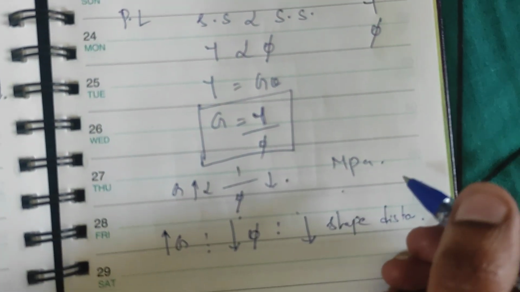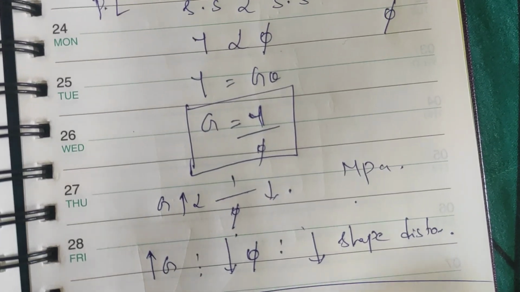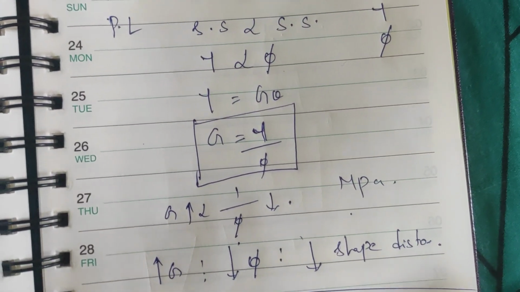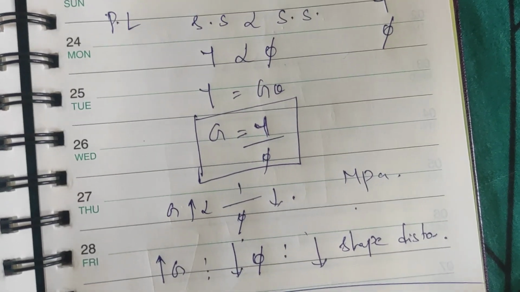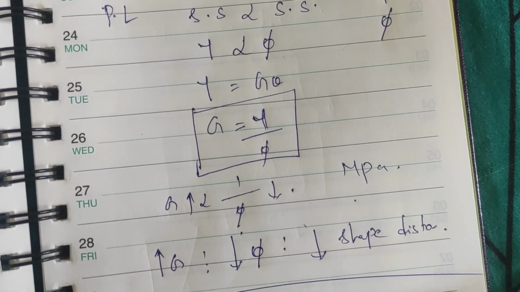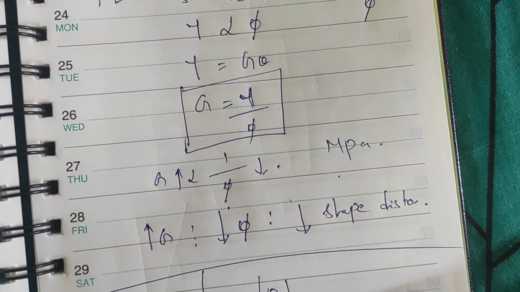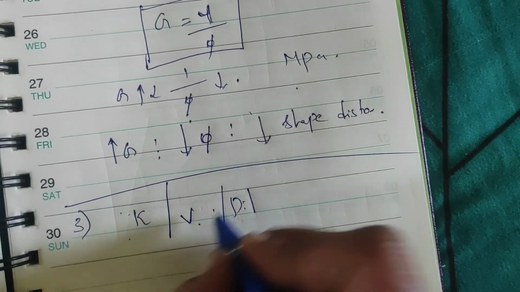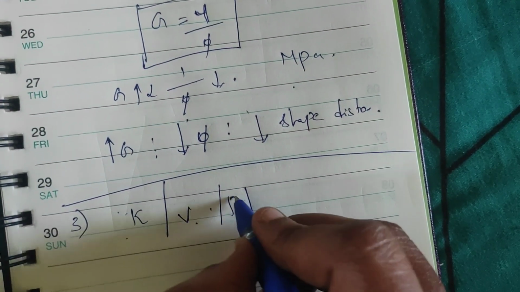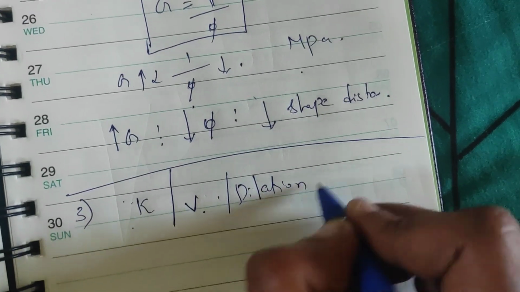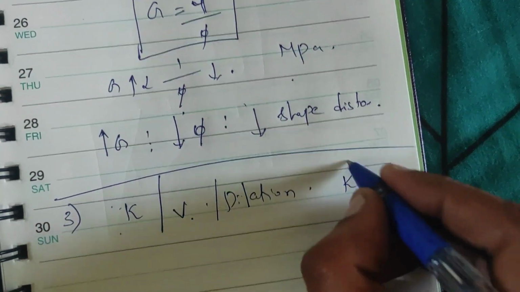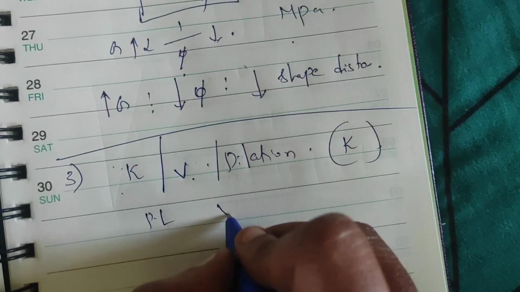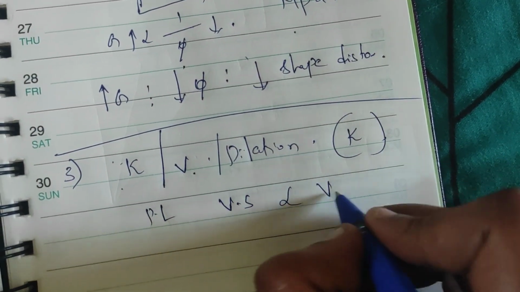It is dependent and calculated indirectly. We have finished shear modulus, and the next one is bulk modulus, or volume modulus of elasticity, or dilation constant. Understand? This is represented by K. Within the proportionality limit, volumetric stress is directly proportional to volumetric strain.